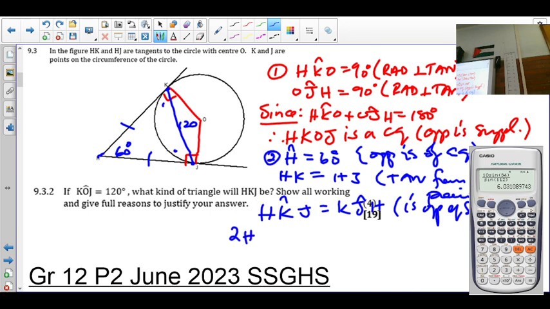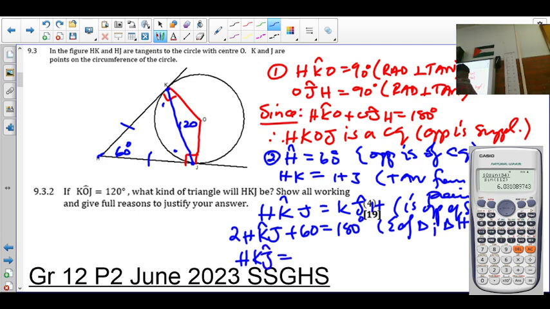So twice HKJ plus 60 degrees is equal to 180. Why? Sum of angles of a triangle, and it's triangle HJK. So HKJ is equal to 180 minus 60, which is 120, divided by 2, which is 60 degrees, which is also equal to KJH.